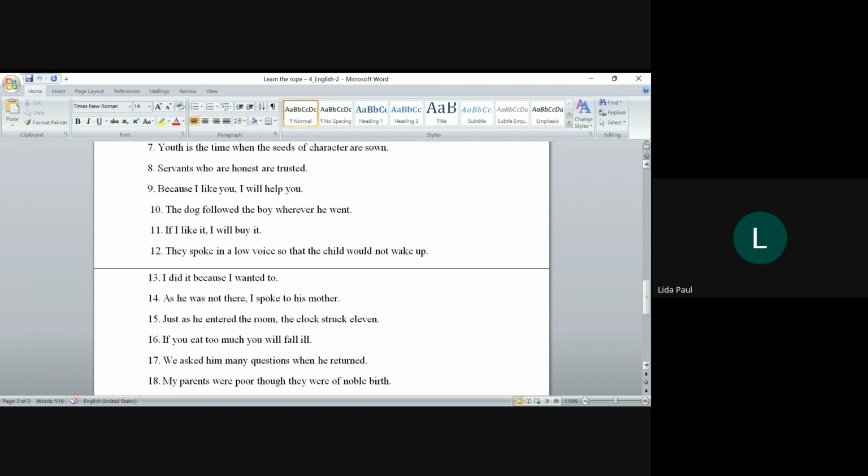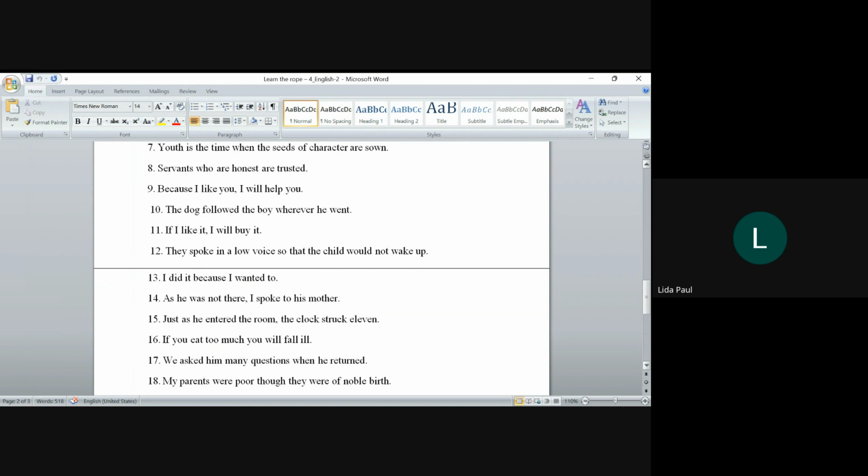Correct. And what kind of clause? What is it giving you information about? What is it telling you? Adverbial, because it answers when, right?